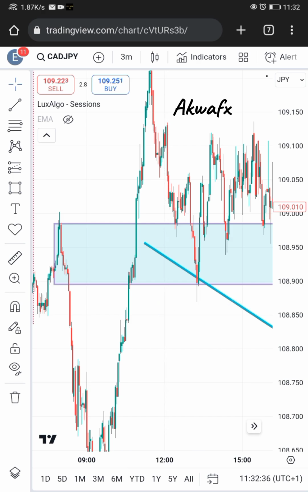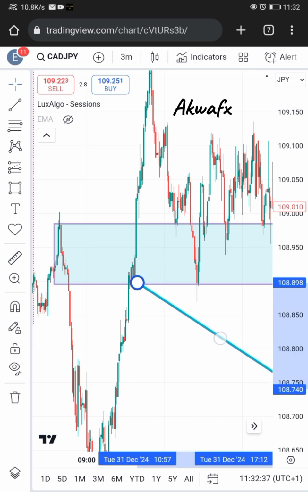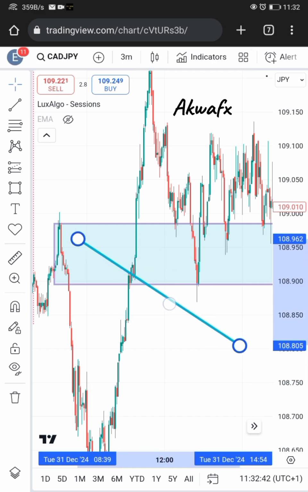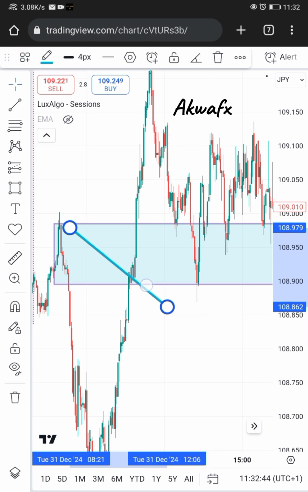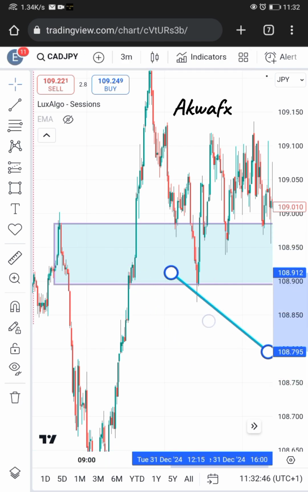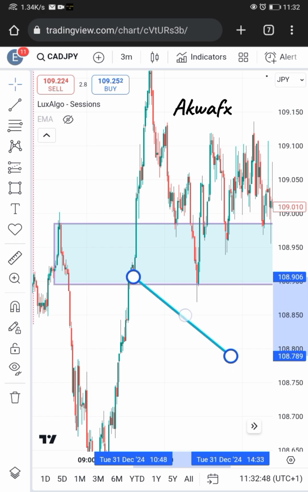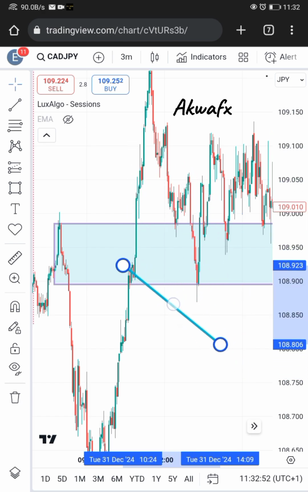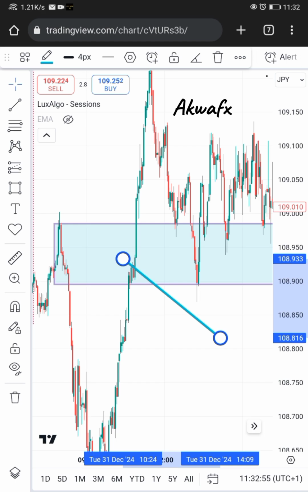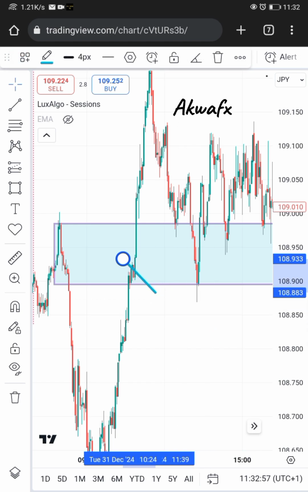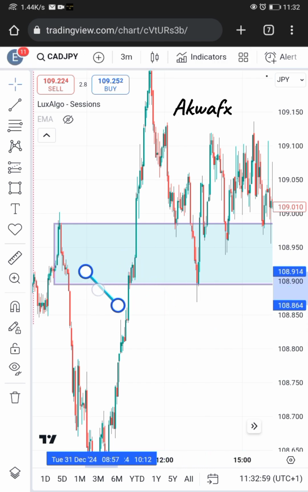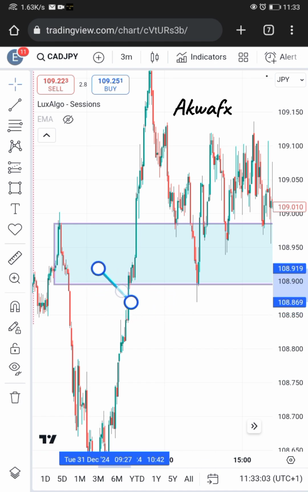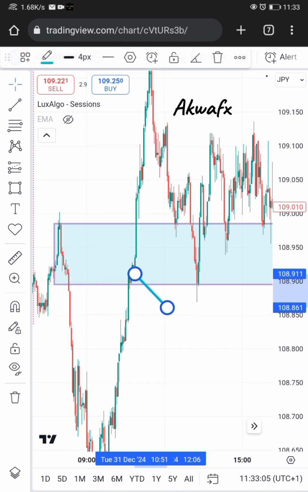Inside this breaker block, we've seen that this market consolidates. You should put a few things into consideration. We see that this market consolidates here before it breaks out from this zone. So this will be our point of interest. We should be looking at this very point to be our support.